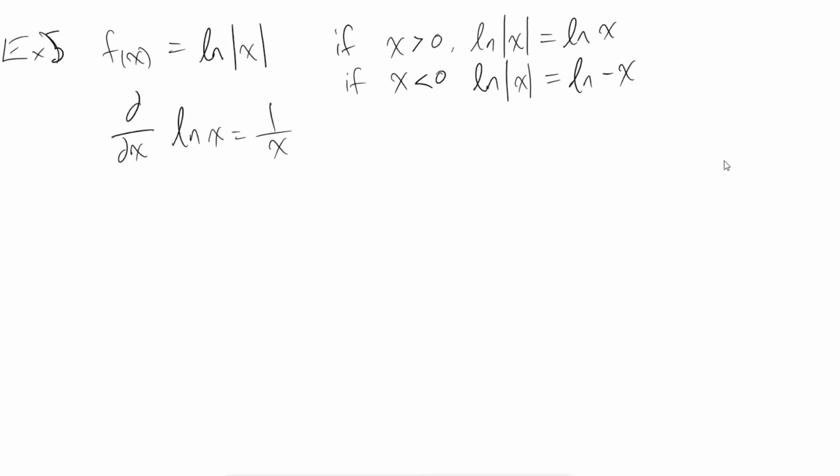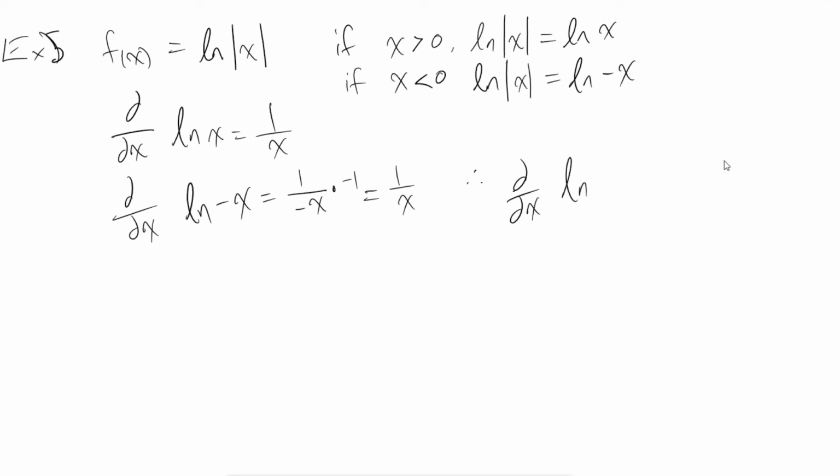The derivative of our second case, ln of negative x, is equal to 1 over negative x multiplied by the derivative of that, which is negative 1, which is also 1 over x. Therefore, the derivative with respect to x of ln absolute value x is just going to be 1 over x.